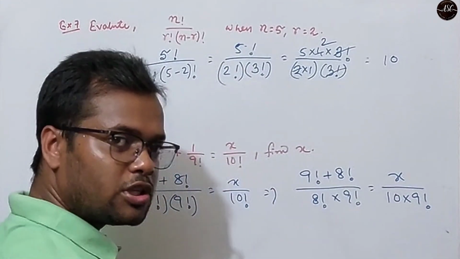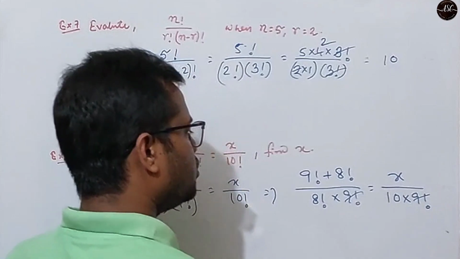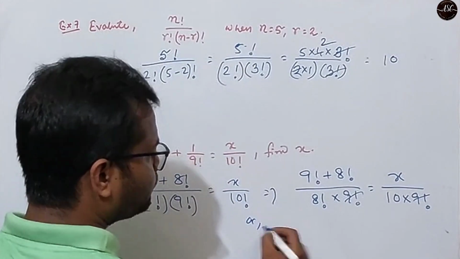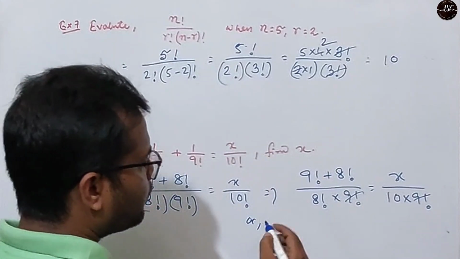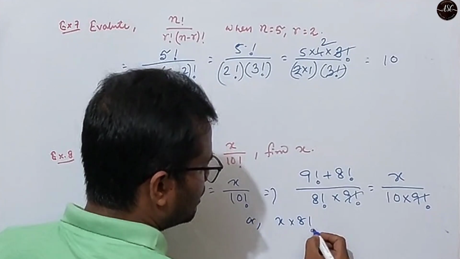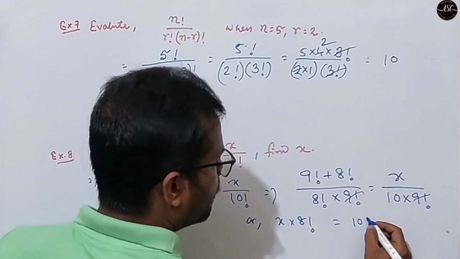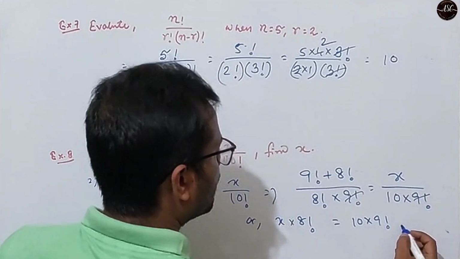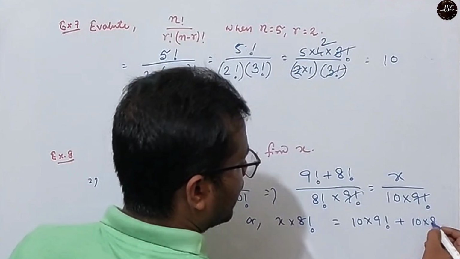So from both sides we can cancel out 9 factorial. Or just cross multiply: we get x into 8 factorial equals 10 into 9 factorial plus 10 into 8 factorial.